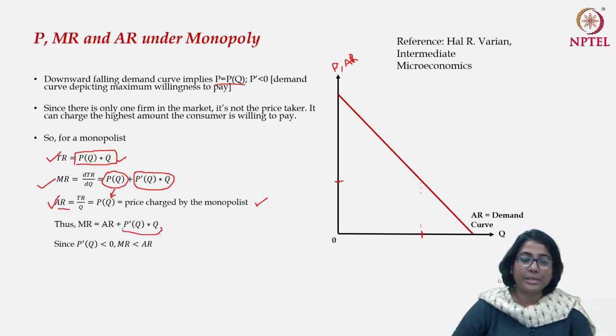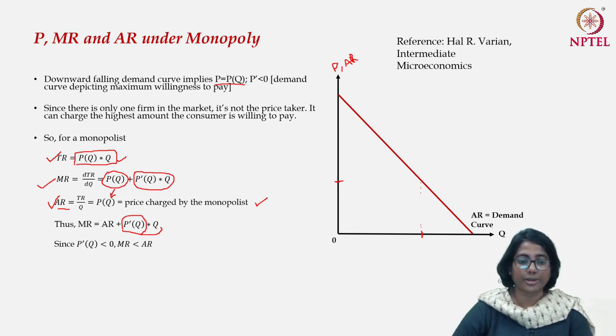If I look at this P prime Q, what is P prime Q? P prime Q is the derivative of the equation of this line with respect to Q. So this is basically telling me the slope of the demand curve, or the slope of the average revenue curve. So we see that the slope of the demand curve is negative.